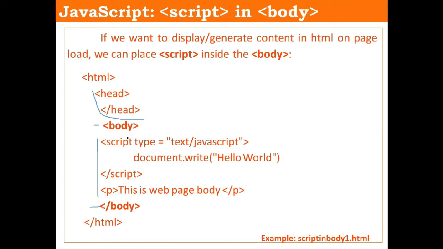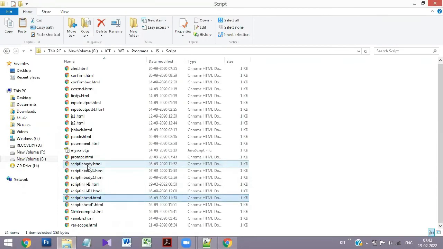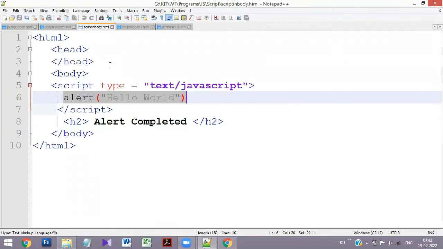Here we are going to display something inside the body portion, that is document.write hello world. So hello world will be displayed in the web page. We will see this example, script in body tag.